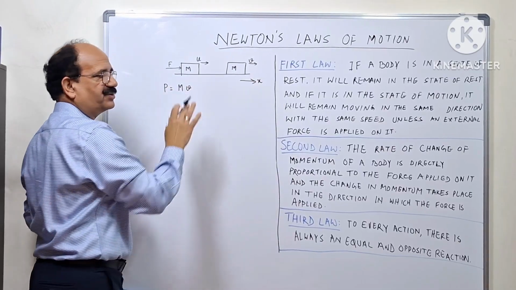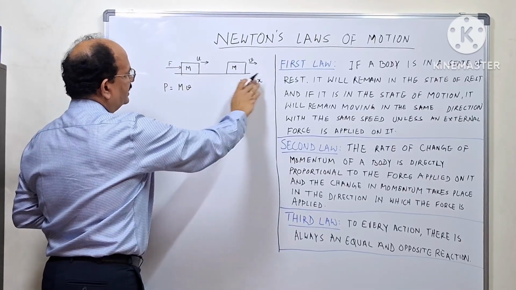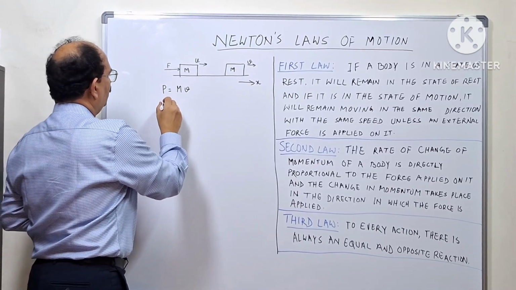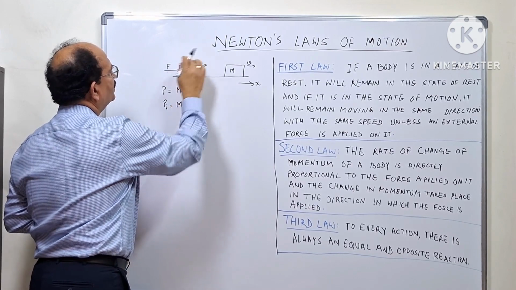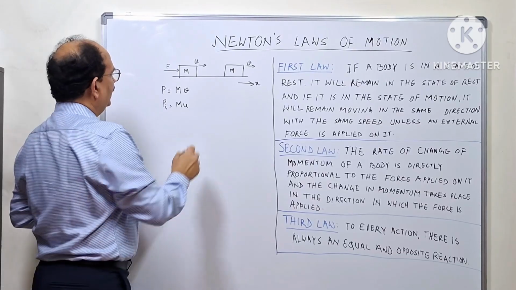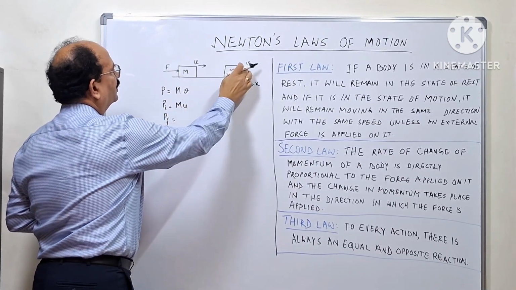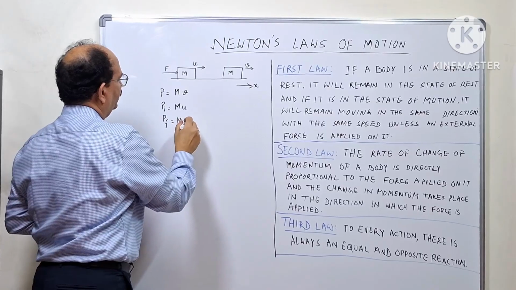Understand that the body is moving in the same x direction. Okay. Then the initial momentum will be equal to mass into u because initial velocity is u. Final momentum, because it has attained the speed v, will be m into v.